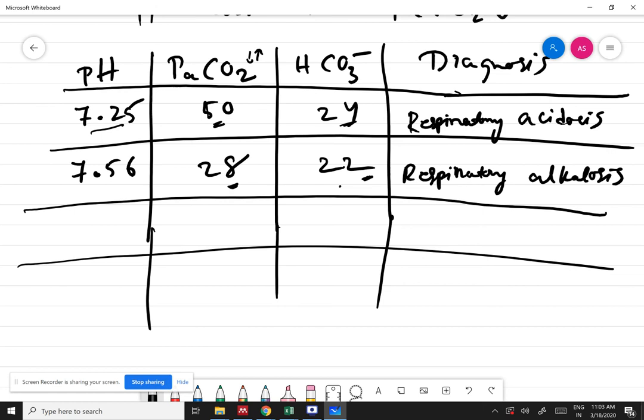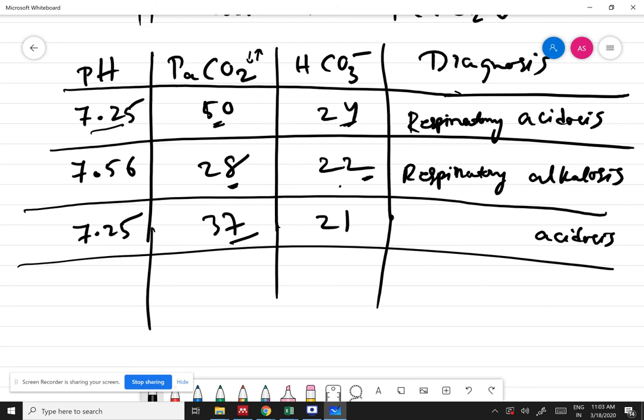Suppose the pH value is given to be 7.25. Again, this is acidosis, and PaCO2 is given as 37 and HCO3 minus is given as 21. PaCO2 should be between 35 and 45, so this is normal, and HCO3 minus should be between 22 and 26.